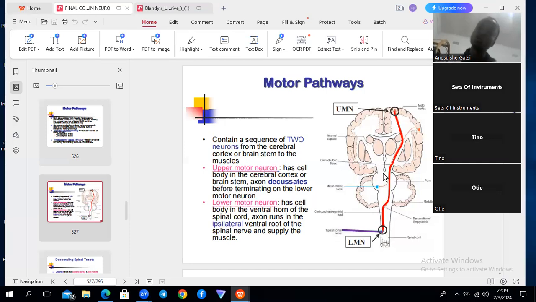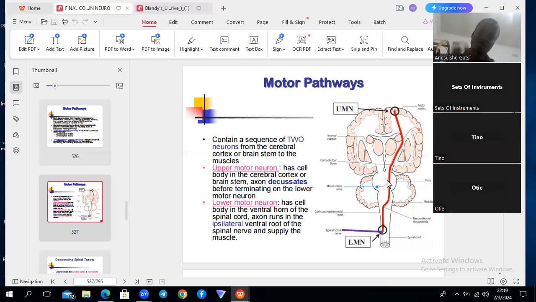So when you see a corticospinal tract inside the spinal cord, it will now be traveling on the side where it is going to innervate muscles. In the brain, it's traveling on the opposite side.